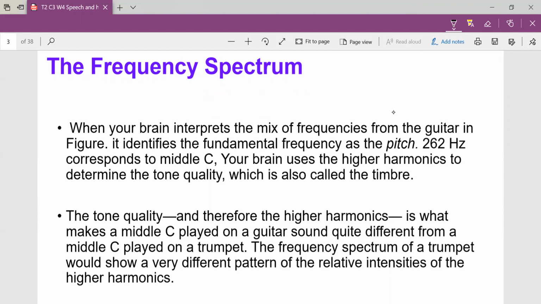And that one is what we call the fundamental frequency that was played at this frequency value. And that sound that comes to us audibly is what we call the pitch.